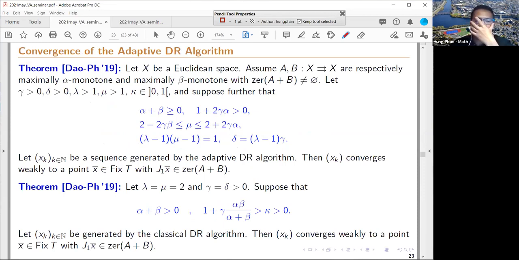We verify that if you choose the parameters gamma, delta, lambda, and mu in a certain range, then the sequence generated by the adaptive Douglas-Rachford algorithm will converge weakly to a fixed point, and the resolvent of that fixed point is a solution to the original problem.